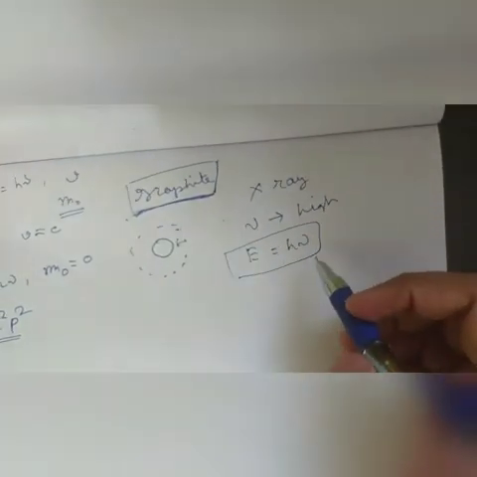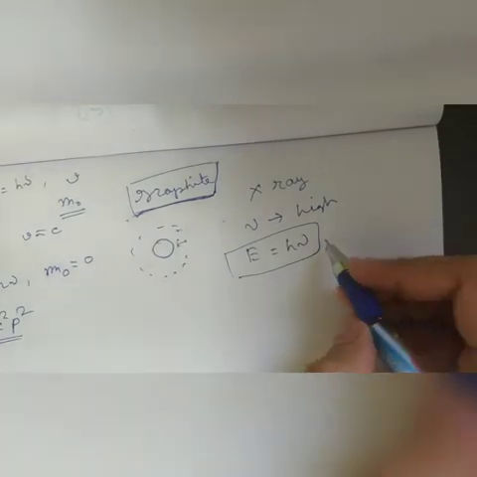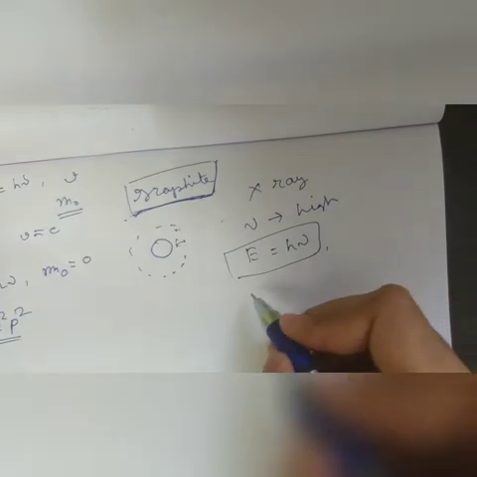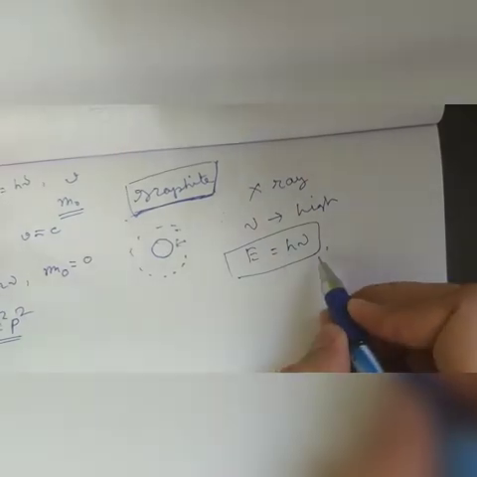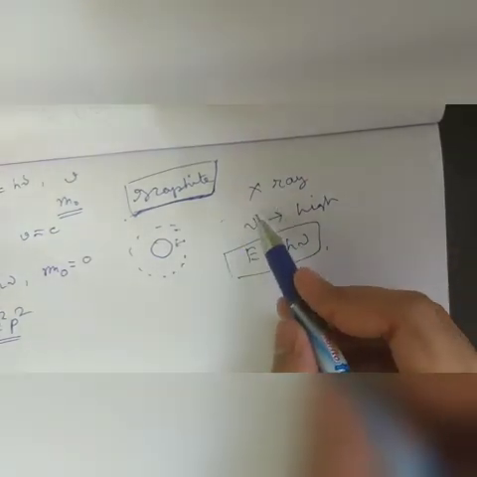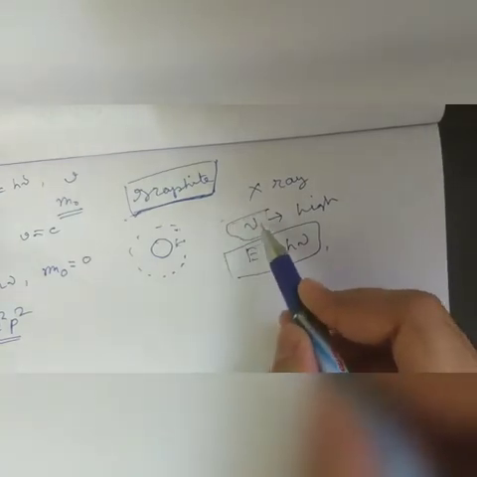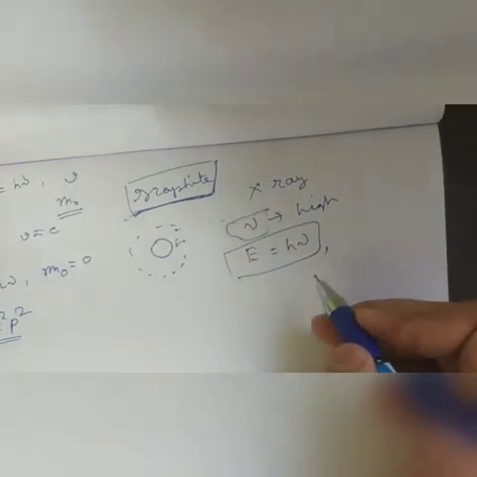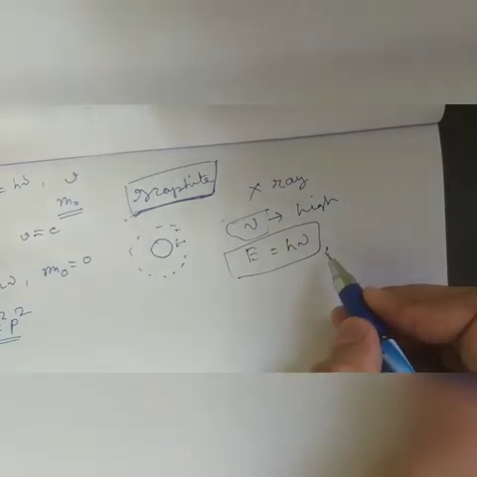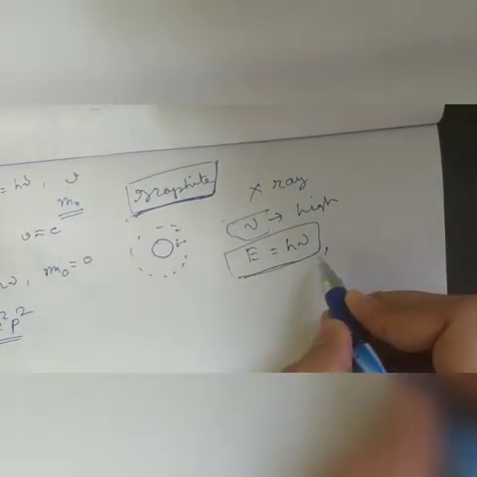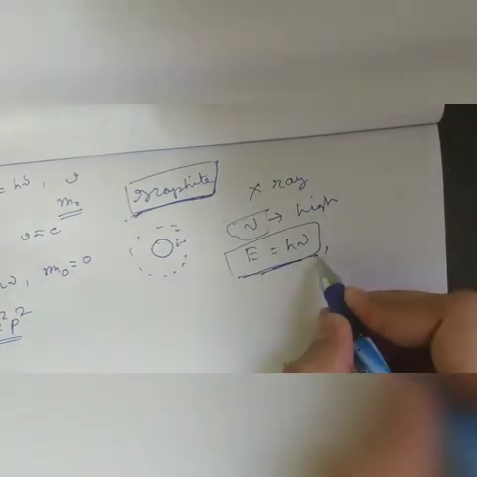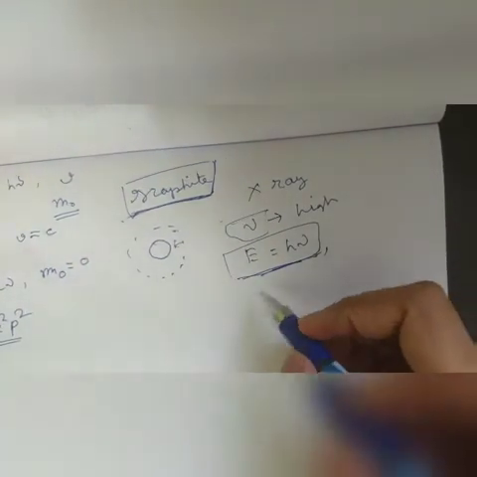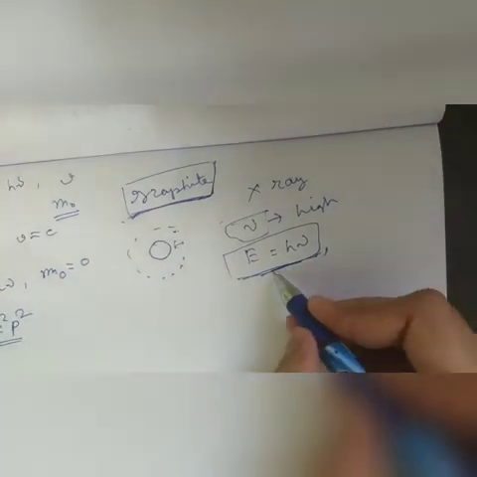As we had seen in the photoelectric effect, ultraviolet rays are already enough to take out the electrons from the bound state. The frequency of X-ray is already much higher than that of ultraviolet rays, so the energy in this case is very much higher than the ionization potential of electrons. So we can consider the electrons to be free in this case.